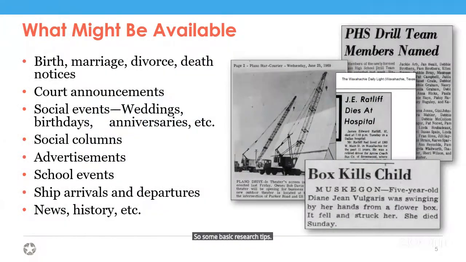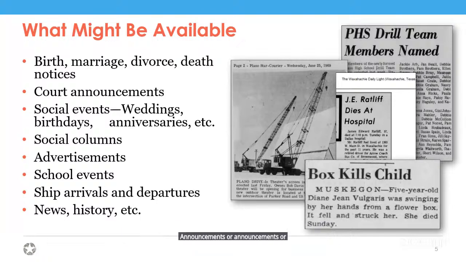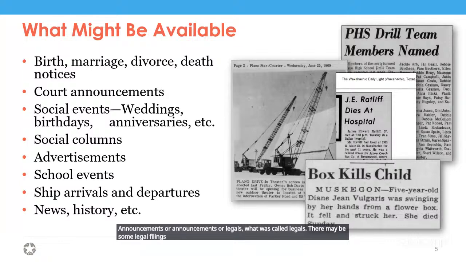So what might be available in newspapers? I think most people may be familiar that you sometimes are able to find birth announcements, maybe marriage and divorce announcements, or what was called legals. There may be some legal filings. Might find some obituaries, some death notices, other court announcements.